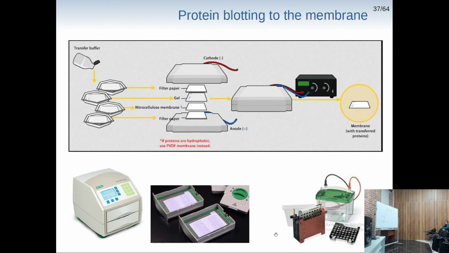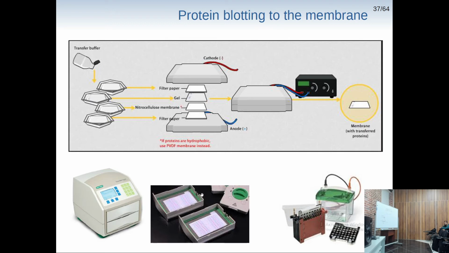And also you can use so-called wet electroblotting, where you put both your membrane and your gel inside the same tank as you have been using for SDS-PAGE, and it will take a lot more time, but it will get you more protein blotted to your membrane. So it's either fast but not complete, or long.